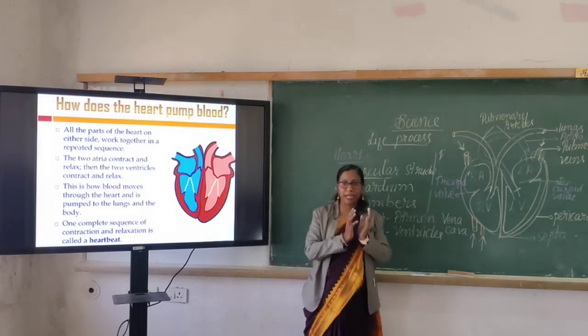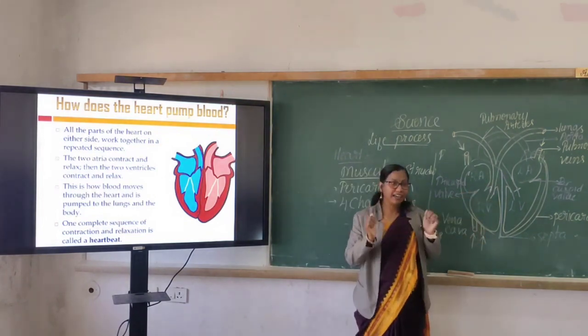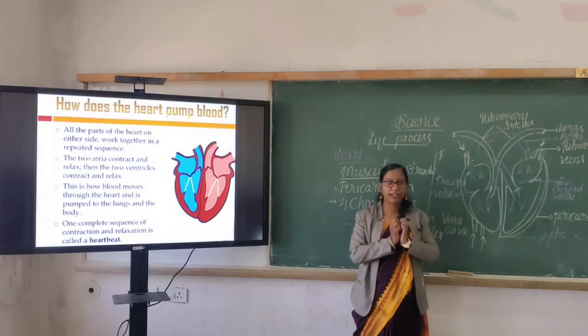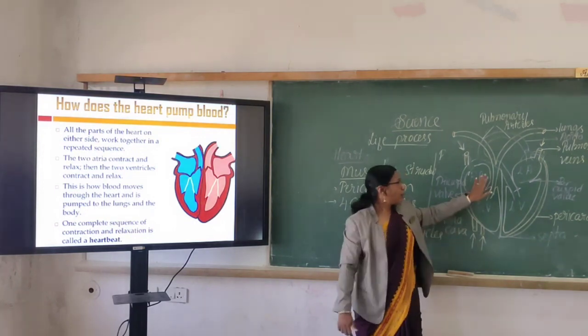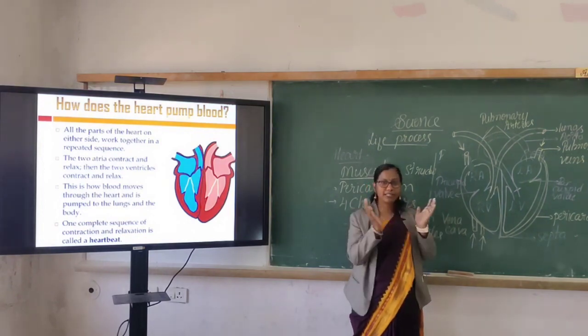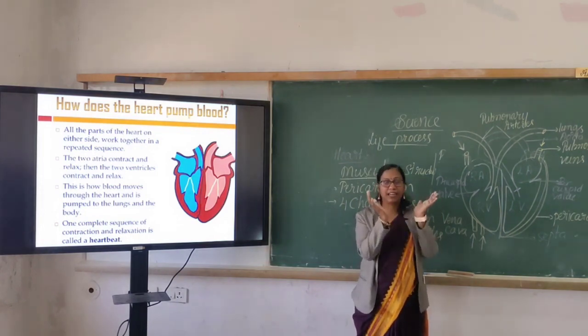Correct? Whenever there is a heartbeat, the chambers of the heart contract and relax. Do all 4 chambers contract together? No. When the upper chambers contract, the lower chambers relax. Then the lower chambers contract and the upper chambers relax.